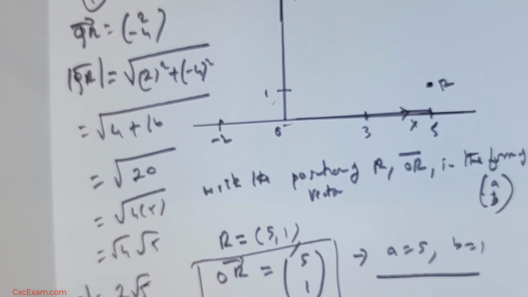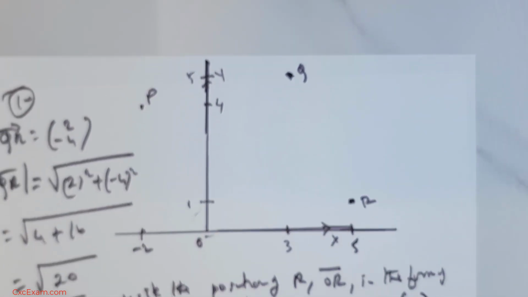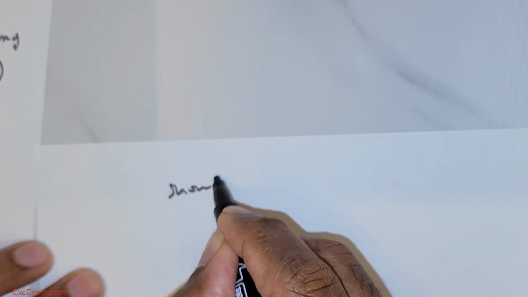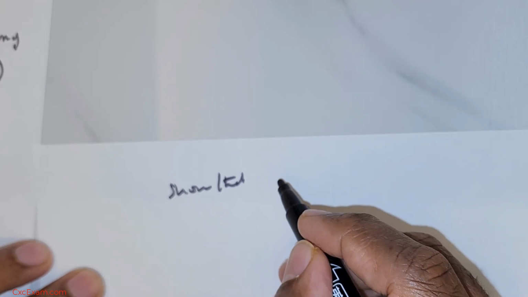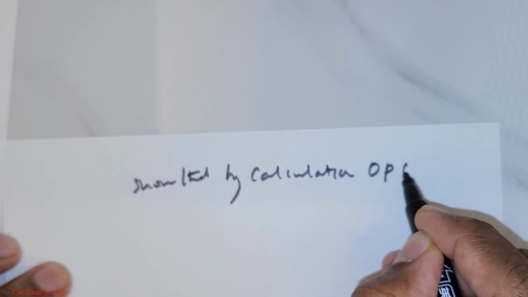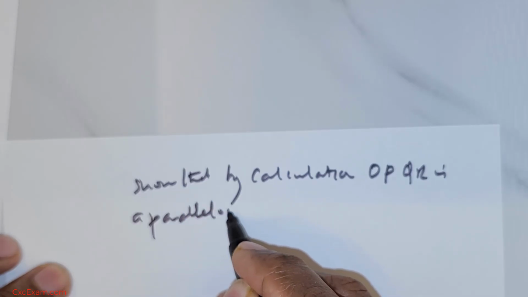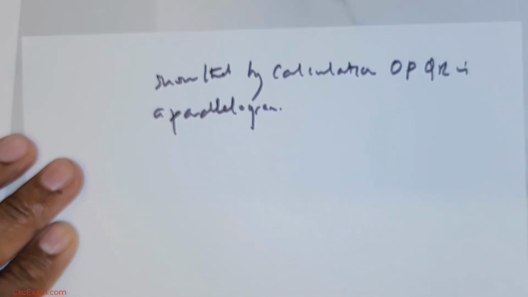Now what they are asking is to show by calculation that OPQR is a parallelogram. So that's the next question. So they are asking us to show by calculation that OPQR is a parallelogram. So how are we going to do that?